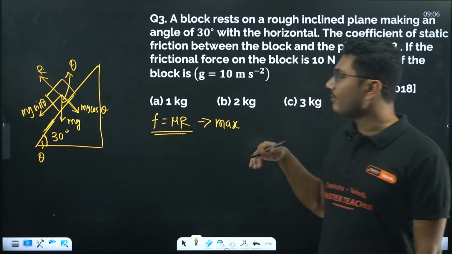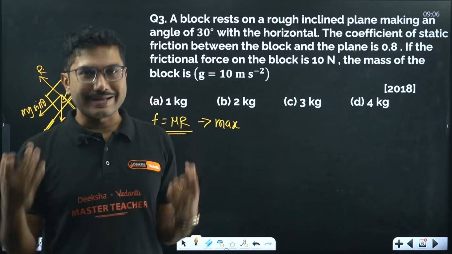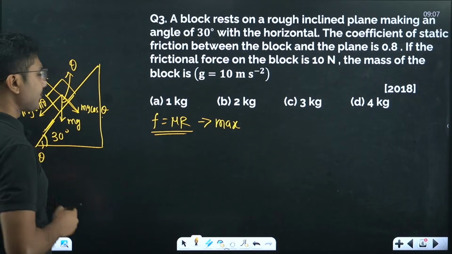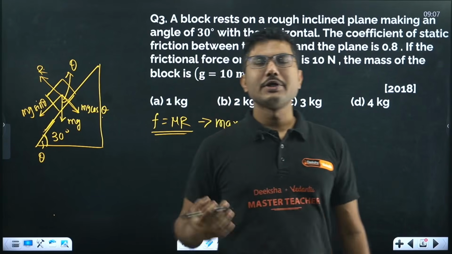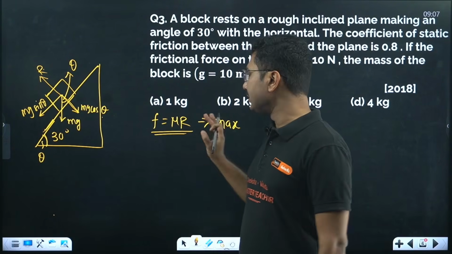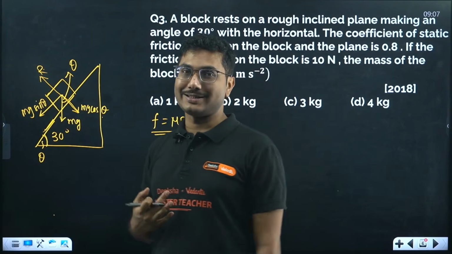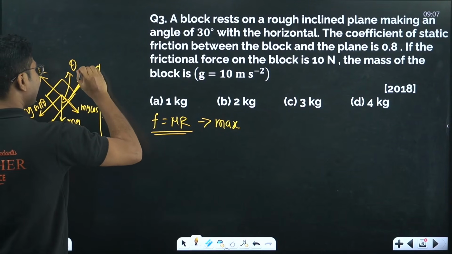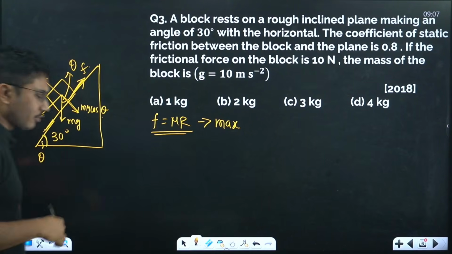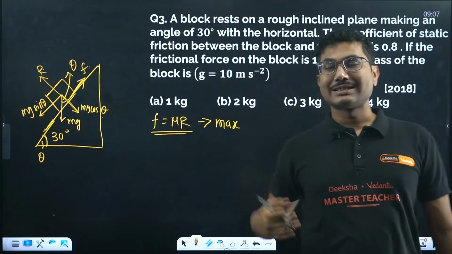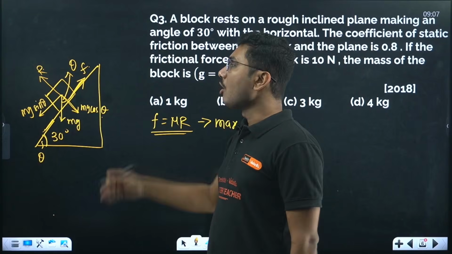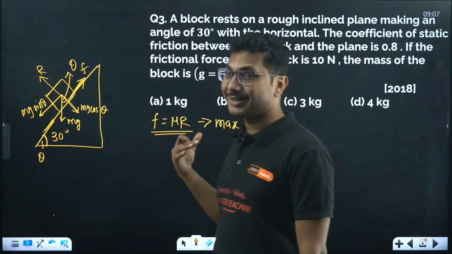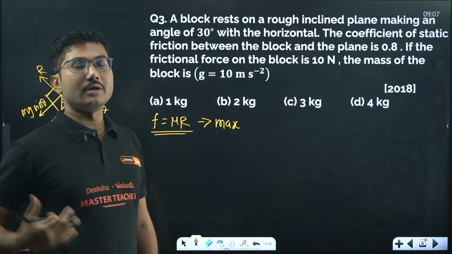You can have an equilibrium, or the object is at rest even if the force is not maximum, as long as the applied force on the body is below this range, the frictional force will auto adjust. It's an auto adjustment force which will adjust itself such that this force is actually equal to the applied force. Only if the maximum force downward is applied or more than maximum force is applied, then you have to cross this threshold. This is called the threshold frictional force.